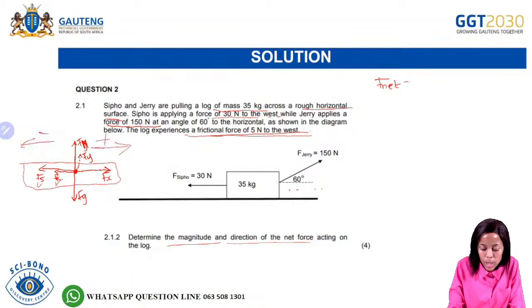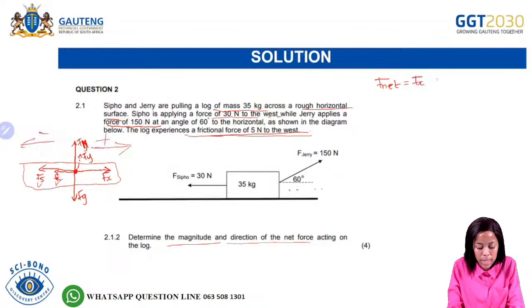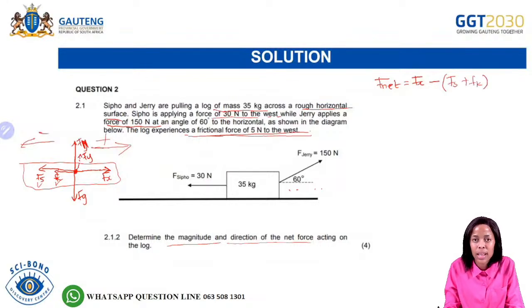So on the right hand side we have Fx, and then we can say Fx minus a combination of forces. We have the applied force for Sipho plus the frictional force. So remember, if you have two forces on one side, then you are going to be adding those two forces.